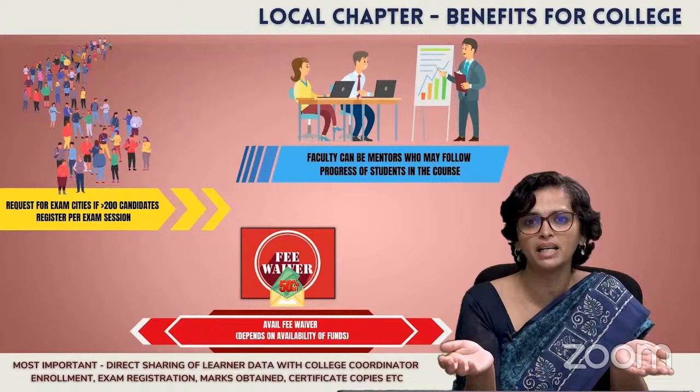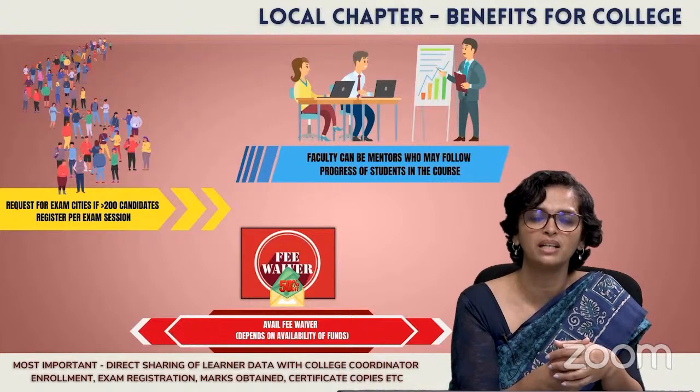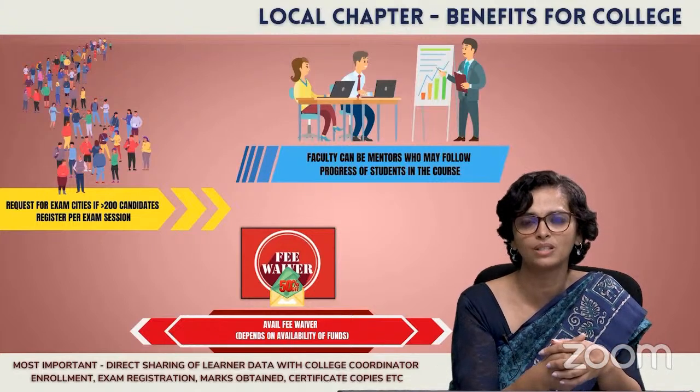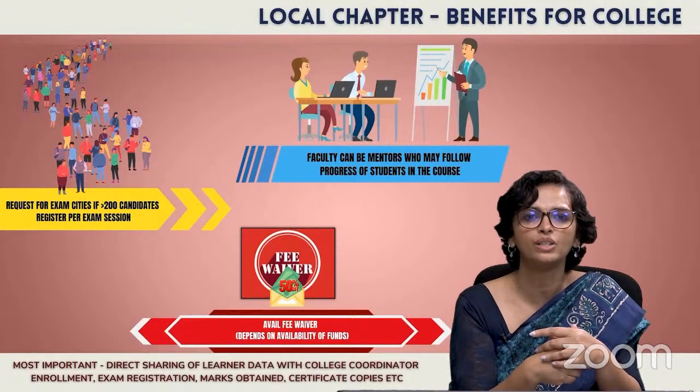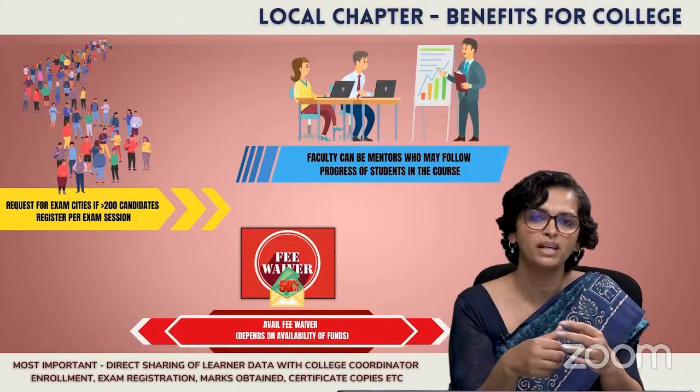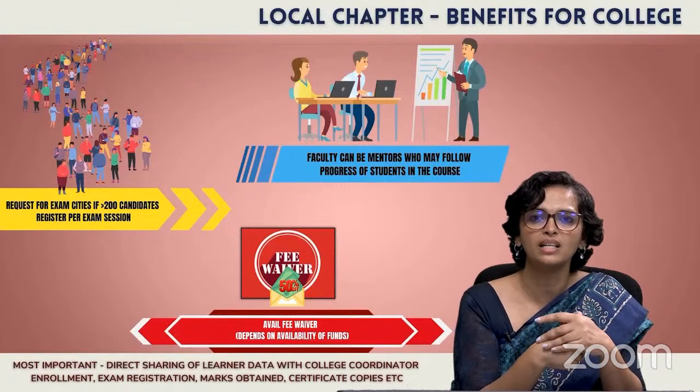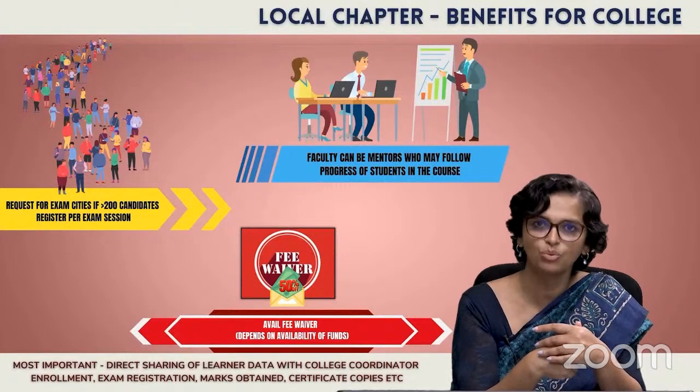If somebody is not submitting assignments and you know it's very important for credit transfer, you can follow up with those students and so on. So it's a very good feature if you're a local chapter. Faculty members nominated as mentors can actually supervise the progress of their students.